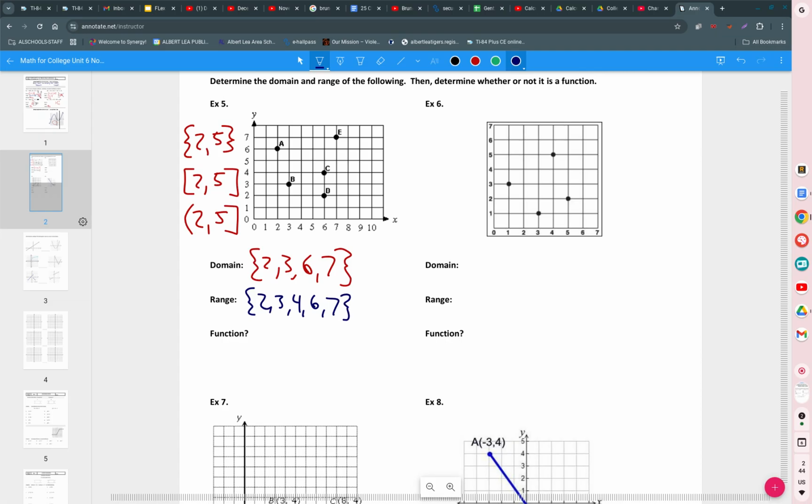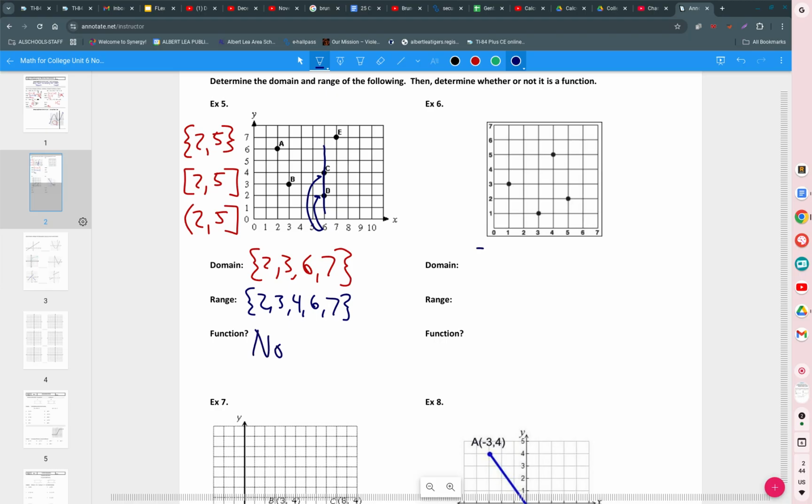That's my range. Is it a function? Does it pass the vertical line test? Where does it fail? C and D. Vertical line, you got 2 points stacked across each other. See, 6 corresponds with the value of 2, and 6 corresponds with the value of 4. That means no, it is not a function.